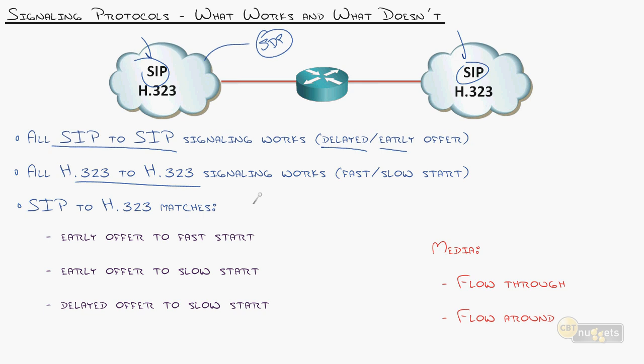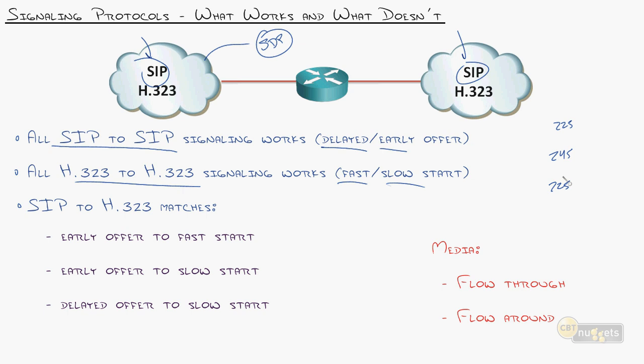Same thing with H323. You've got fast and slow start. Matter of fact, I don't know if we hit that one directly when I was showing you H323. Slow start is what we've talked about, to where we've got H225 that sets up the call, gets it going. Then you have your H245 exchange, where you negotiate the codecs and all that kind of stuff, and then H225 ends the call, which is fine. That's the normal considered slow start.